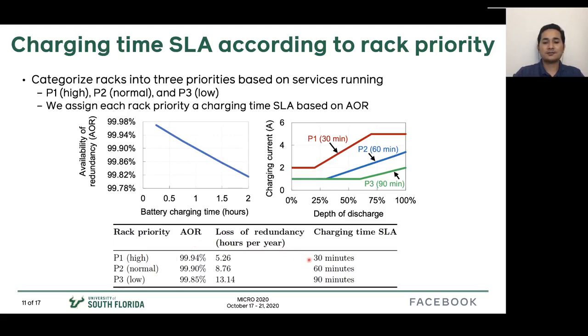For example, the charging time SLA for P2 rack is 60 minutes, which means that if we are able to charge P2 racks within 60 minutes, we would achieve an expected AOR of 99.9%. Using this, we come up with a charging current formula for each of the rack priority based upon depth of discharge.